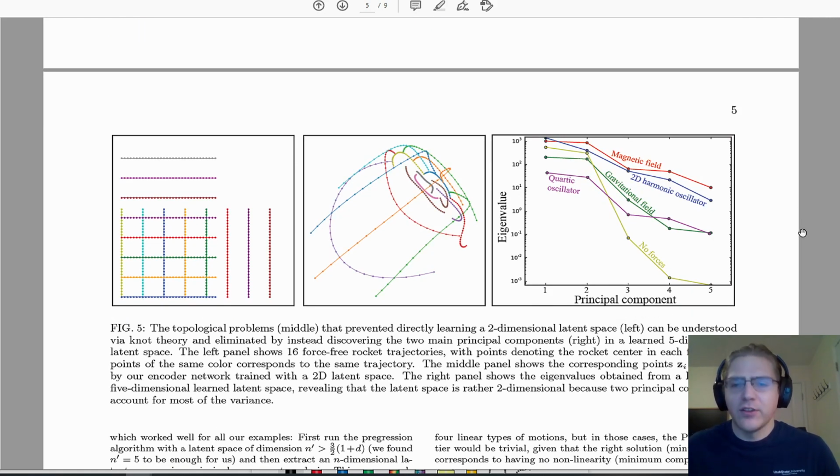You're always initializing the parameters of your network randomly, and then you try to learn a good representation.